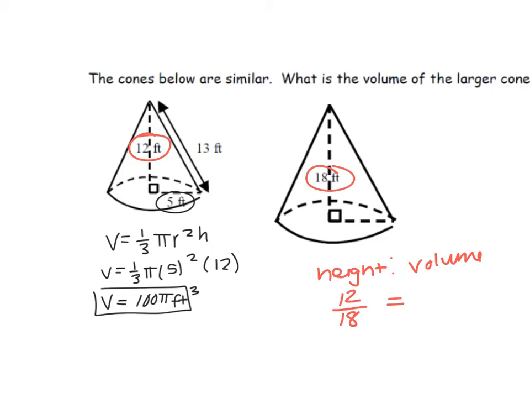So my larger cone would be my x, and my smaller cone would be the 100 pi. Here's the issue. Height is measured in units, and volume is measured in units cubed. So before we even do a little manipulation, what I'm going to do is actually reduce the ratio of my height. I can reduce 12 over 18 to 2/3. So I'm going to do some erasing.